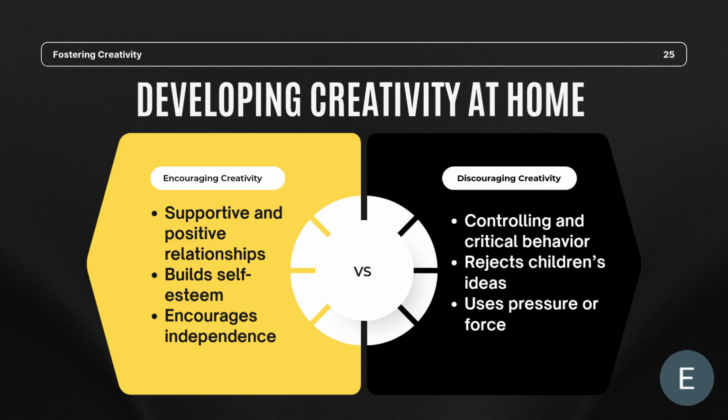On the other hand, discouraging behaviors such as being overly controlling, criticizing a child's thinking, or rejecting their ideas can limit creativity. When children feel judged or restricted, they are less likely to express original ideas. This shows that creativity is not just an individual trait, but something that is strongly influenced by the environment at home.